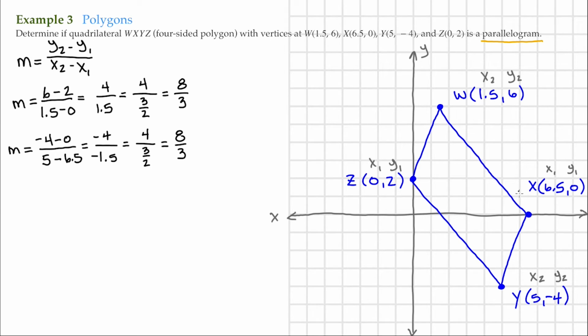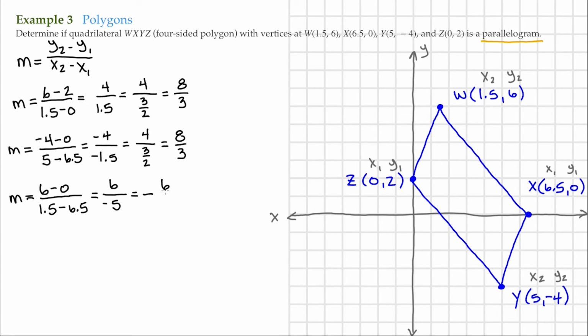We'll find this one first. So we'll take 6 minus 0 over 1.5 minus 6.5. 6 minus 0 is 6. 1.5 minus 6.5, that's -5.